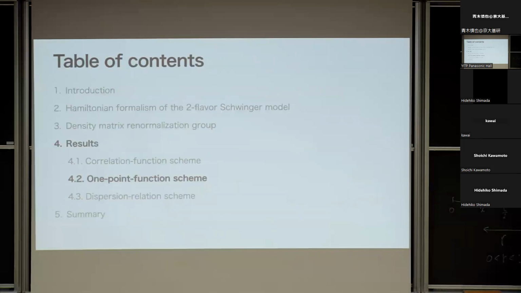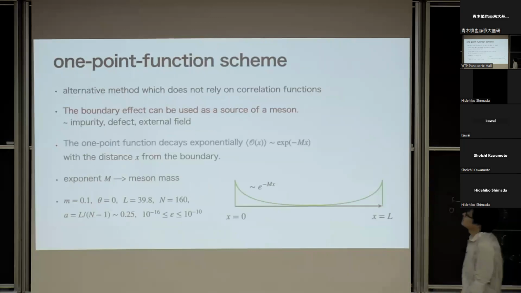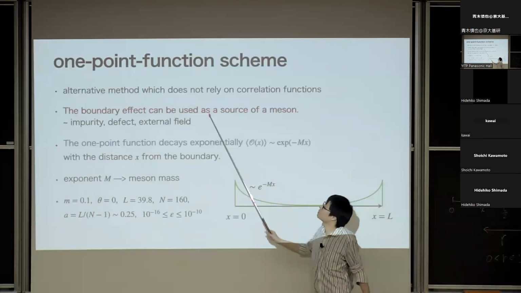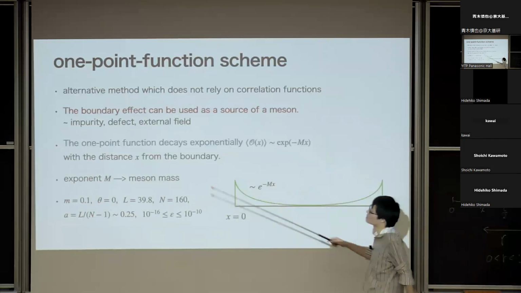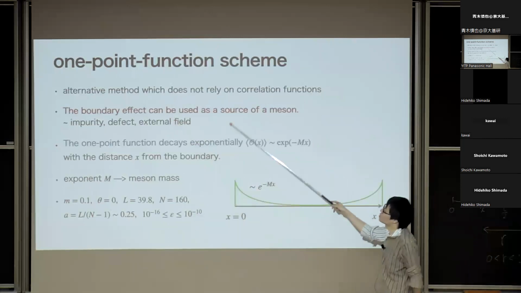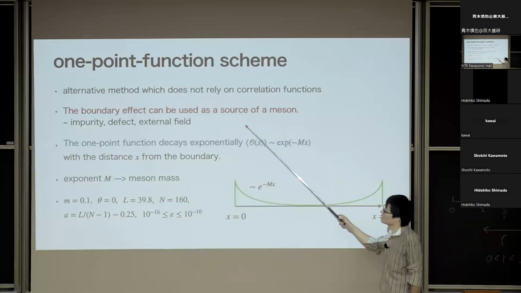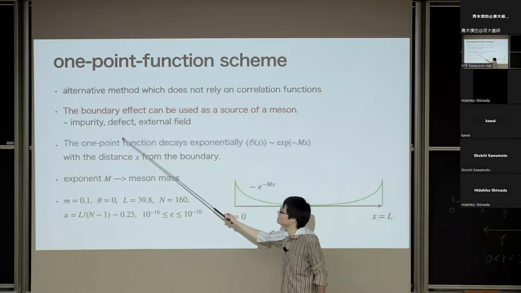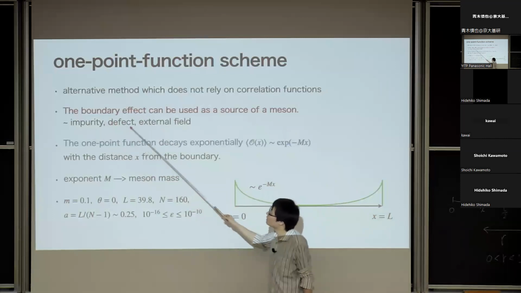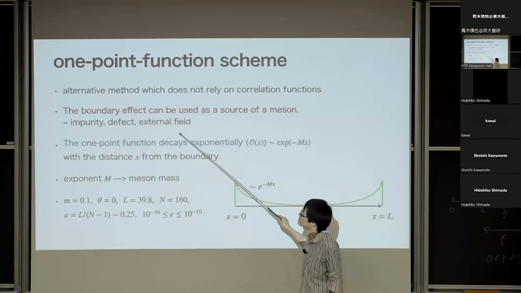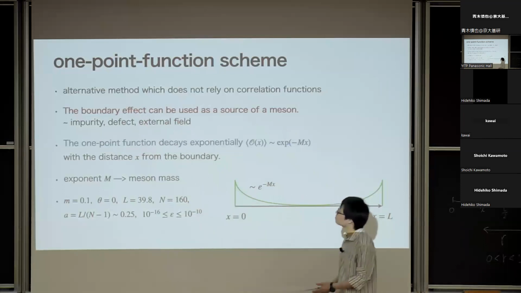Next I explain the one-point function scheme. This is our alternative method which does not rely on the correlation function. In this method, we use the boundary effect as a source of meson. In terms of condensed matter physics, the boundary effect can be regarded as an impurity or defect, or some insertion of an external field.